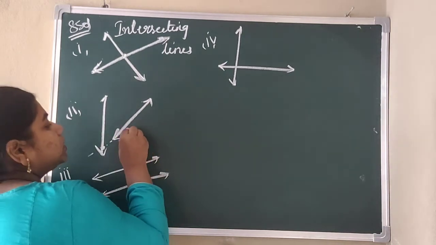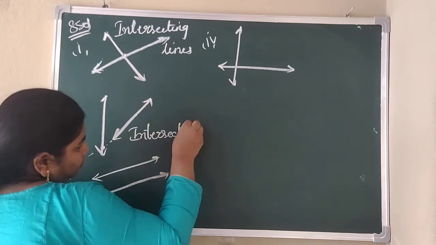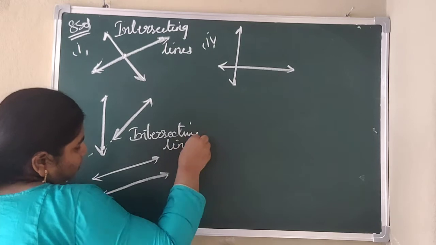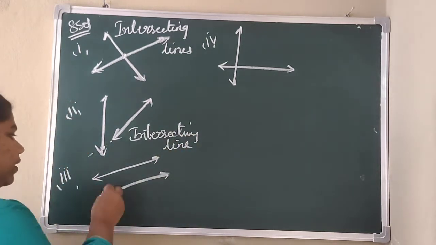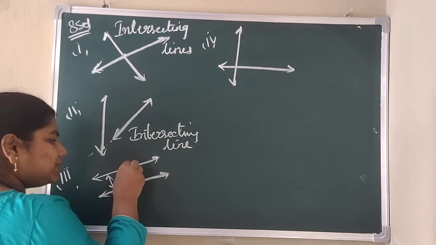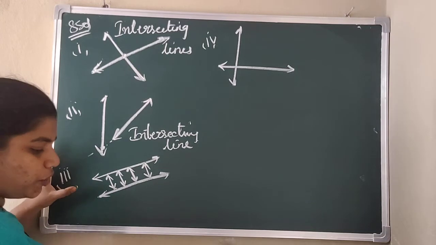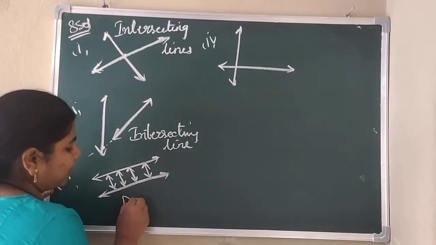So they are also called as intersecting lines. So if you take this third one, here the distance between the two lines is always same. So are they called as intersecting lines or parallel lines? We will call it as parallel lines, not intersecting lines. So they are parallel lines.